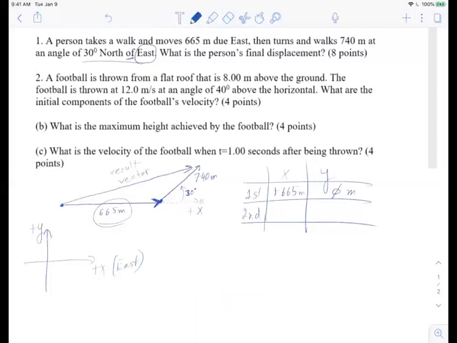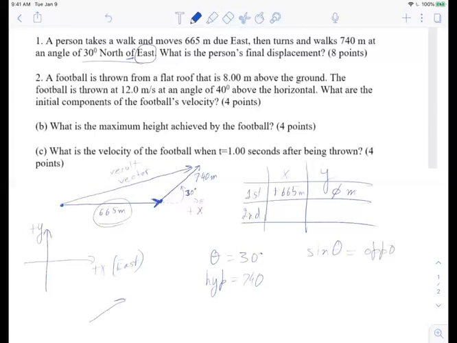So we know the angle is 30 degrees, and in this case we know the hypotenuse is 740. So we want sine equal to opposite over hypotenuse. What's the opposite?